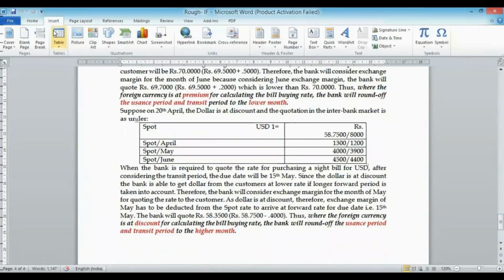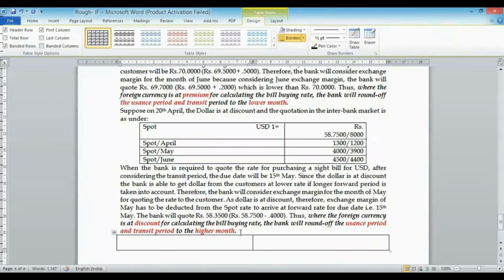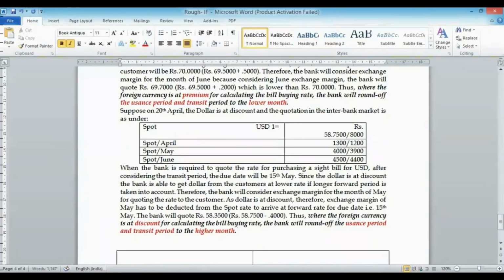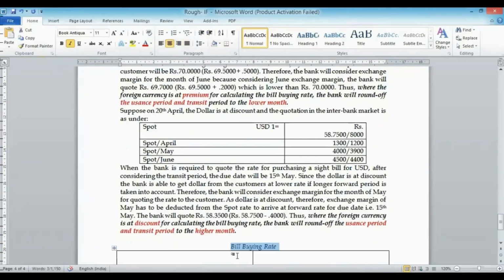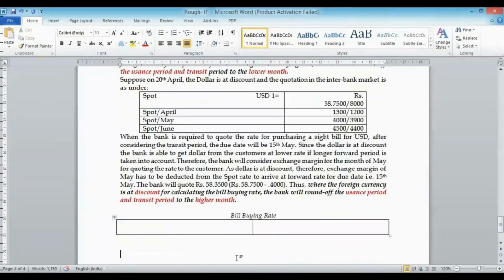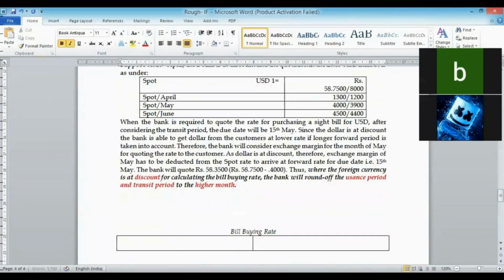The heading we can give is bill buying rate. Because if you are able to understand the concept of the format, then I suppose you will not find any problem in solving also. Let us move to the next page.